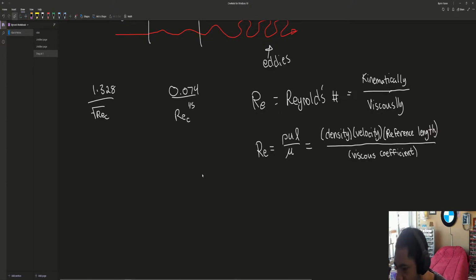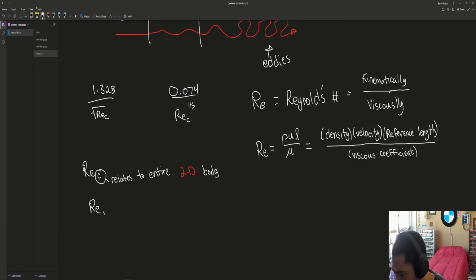Now, what does the subscript C stand for? This relates to the entire body. I want to make this very clear. It relates to the 2D body. Now, if you ever see this, Re_x, this relates to a point on the 2D body.